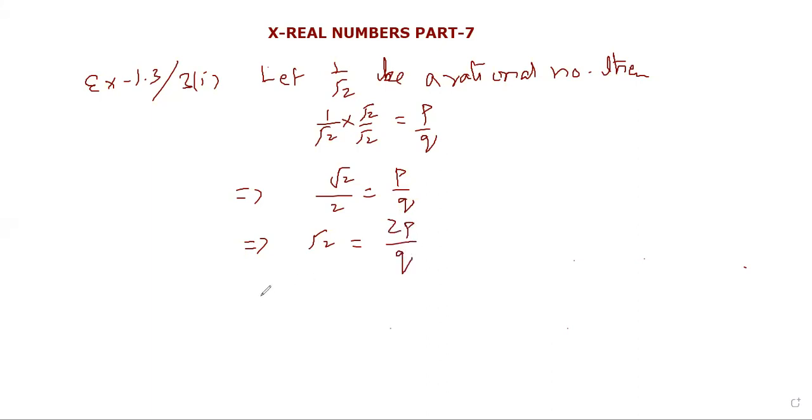So similarly, the left hand side is irrational, and the right hand side is rational. This is a contradiction.